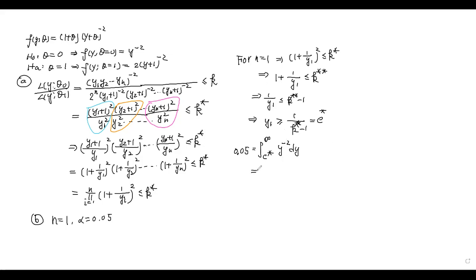Then you can find that 1 over c star is equal to my alpha value, which is 0.05. So now I can quickly find that c star is equal to 20. Correct?